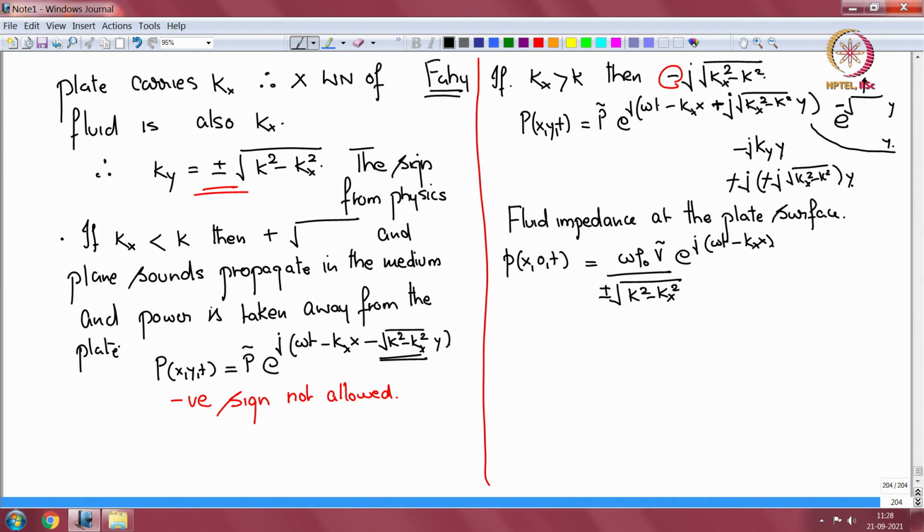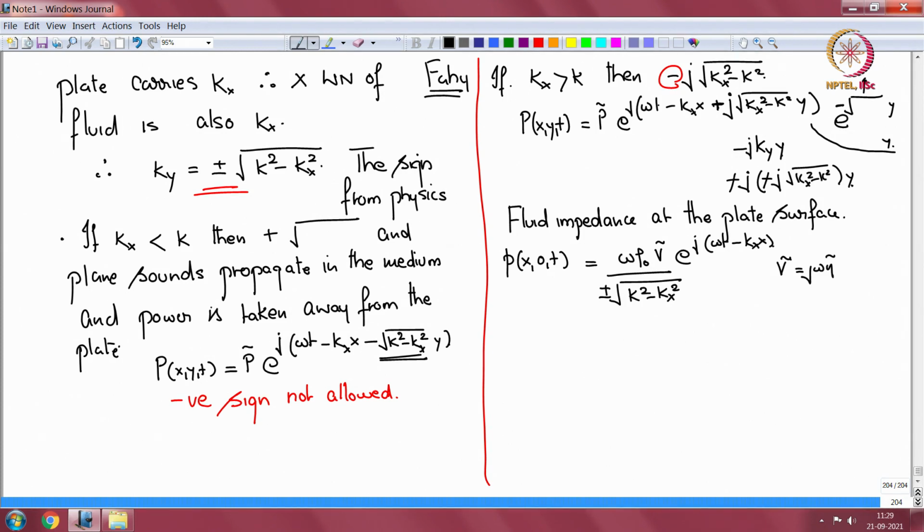Okay, we have seen this before. The velocity is j omega eta tilde. Just computing pressure over velocity through the Euler equation.